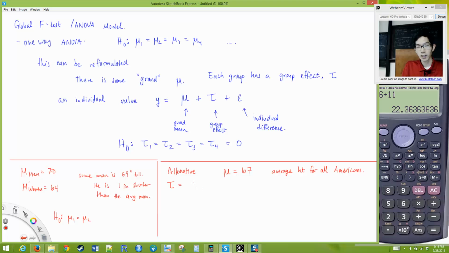And if you are in the group women, that has the effect of subtracting 3 inches. So these two things are essentially saying the same thing, but we're just formulating it a little differently. So let's say we have a man who is 69 inches.